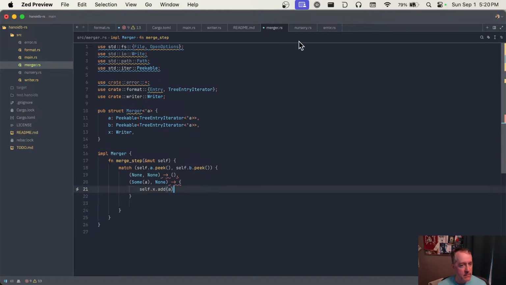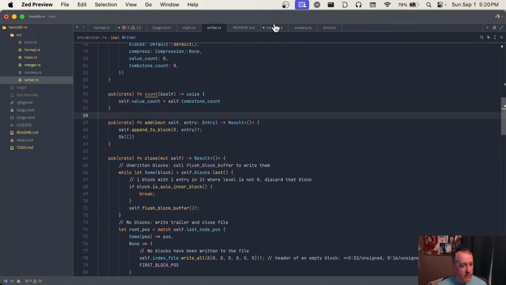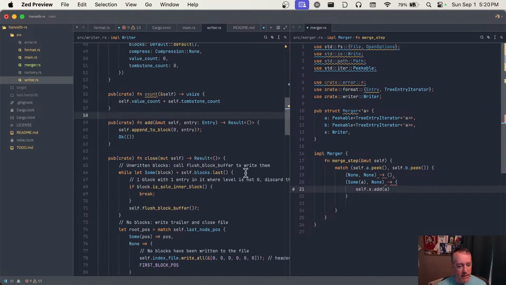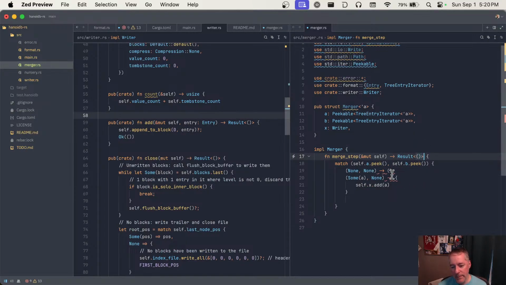And let me split it like that because I want to look at this. This returns result unit, right? So this should return result unit. And we'll just self.add like so.